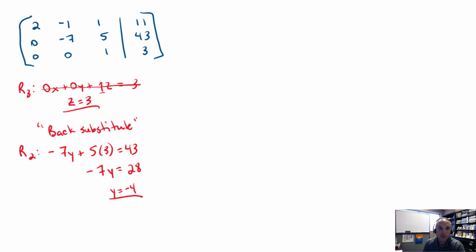And then we back substitute, so we start at row 3, we back substitute to row 2, then we back substitute again to row 1. So in row 1, we have 2x, we don't know x, minus 1 times y, which is negative 4, plus 1 times z, so 1 times 3 equals 11.